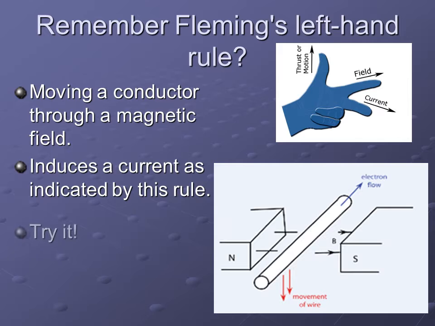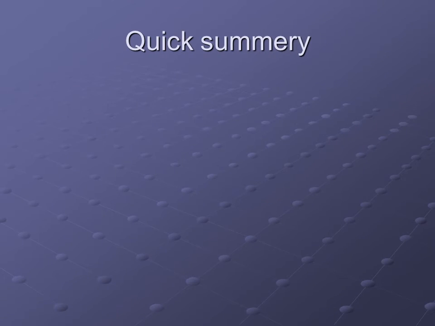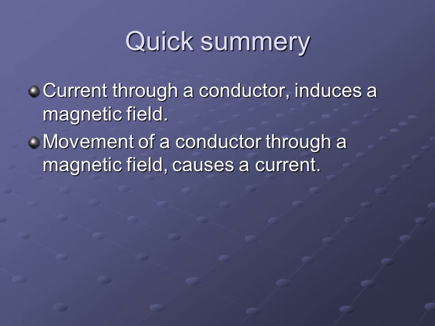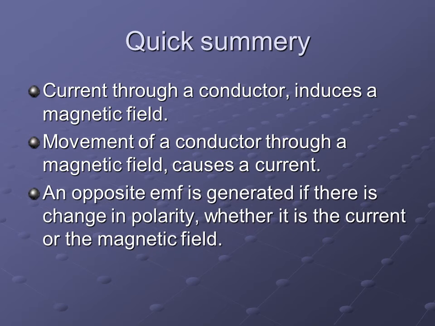Try it. Just a quick summary. Current through a conductor induces a magnetic field. Movement of a conductor through a magnetic field causes a current. An opposite EMF is generated if there is change in polarity, whether it is the current or the magnetic field.